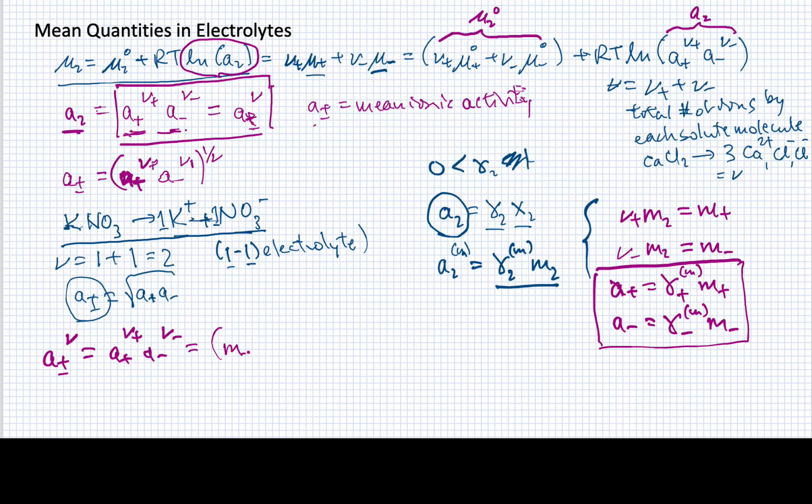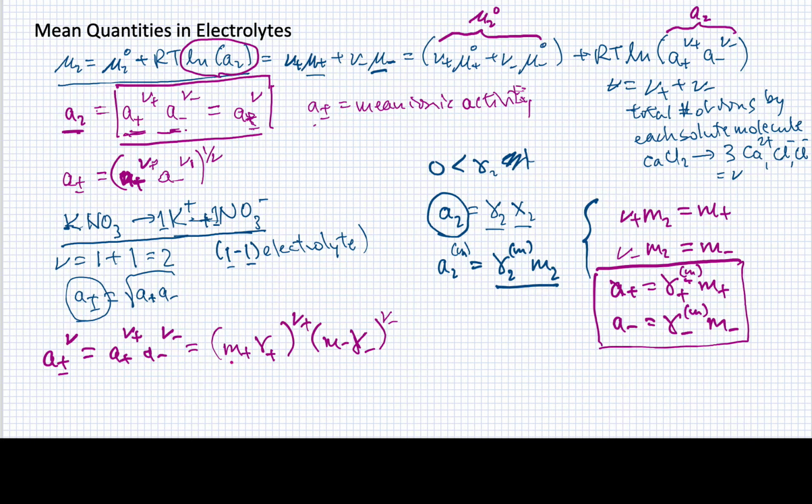In other words, I'm going to have M plus times the activity coefficient plus, and I'll skip writing the superscript on here for now. We'll just assume this is all going to be molality activity coefficients raised to the V plus. And then I'll have M minus times the activity coefficient minus raised to the V minus.